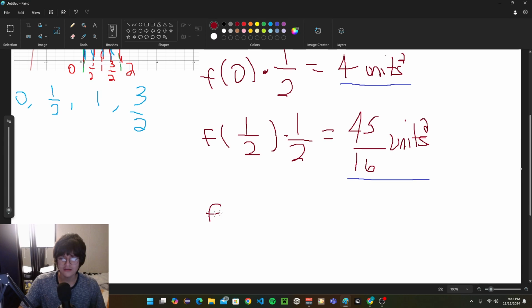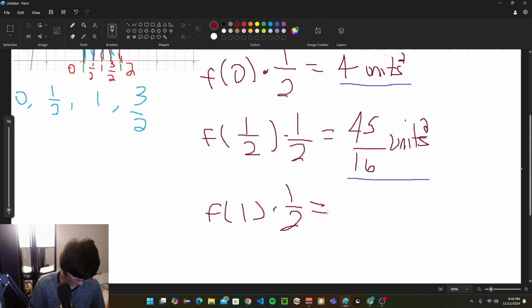Okay, so our next one, f of 1 times 1/2. You just plug in 1 to the original equation. Times that by 1/2. That gives us 2.